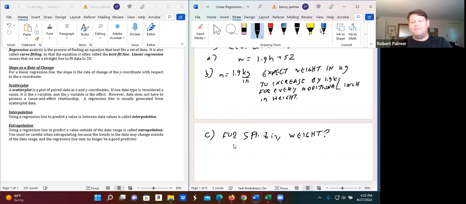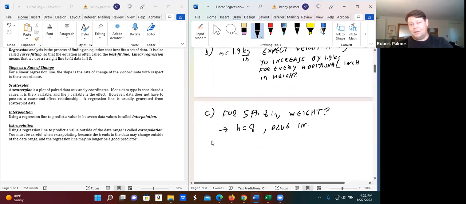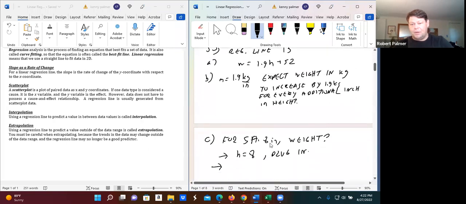Remember, 5 feet was 0 inches, so 5 feet 8 inches means that H is equal to 8. So plug this into our model. W is equal to 1.9 times 8 plus 52.